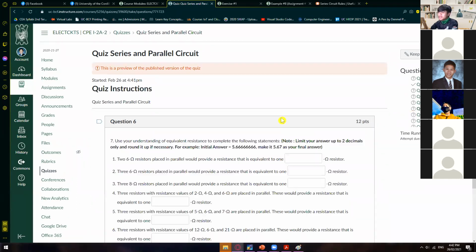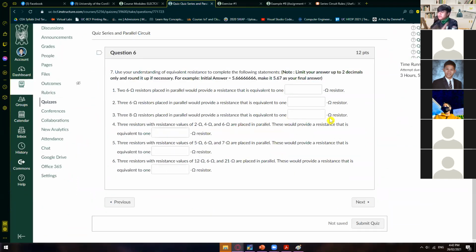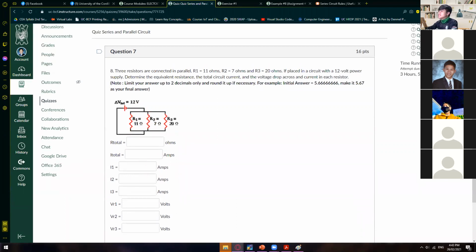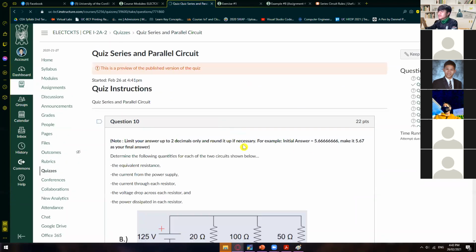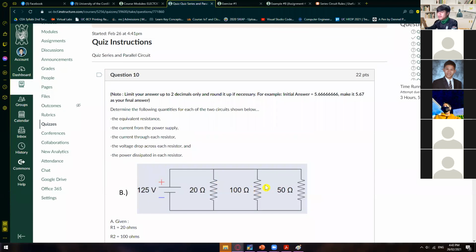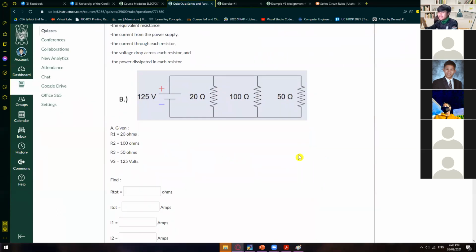Another situational, and then more multiple blanks, and another schematic wherein you have to answer, and so on, until question number 10, which is a parallel connection. As you can see, this one is super easy.